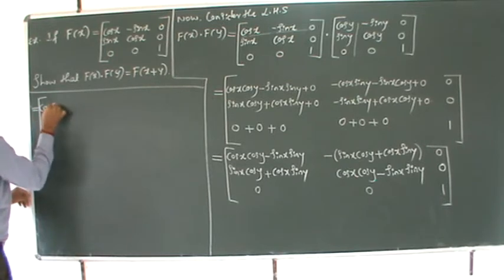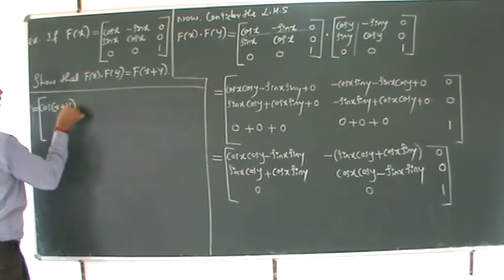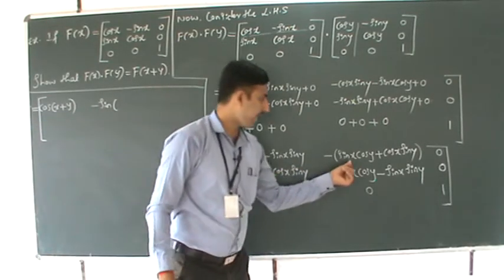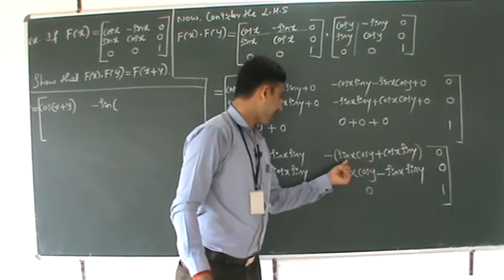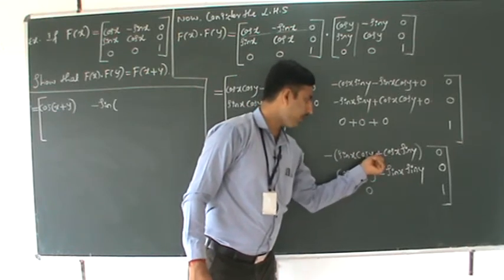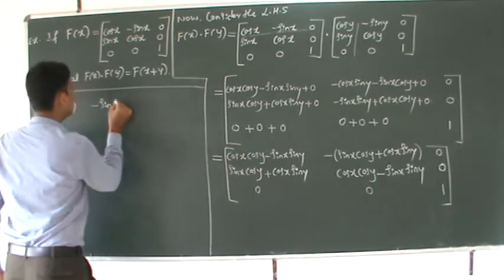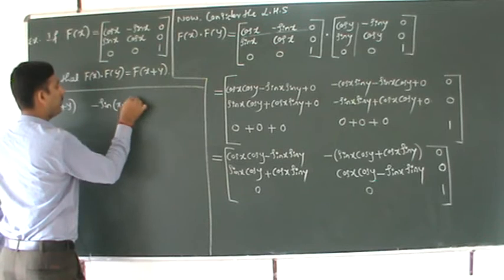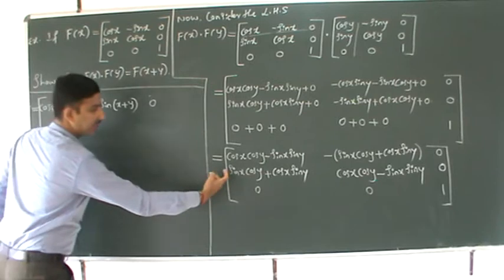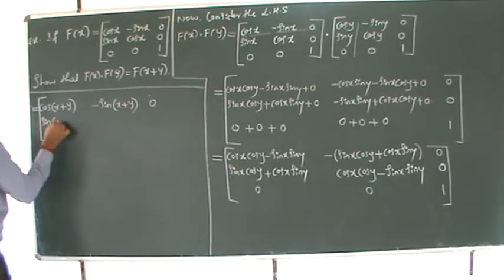Cos of x plus y, minus, we are taking minus common, sin of, this formula becomes sin A cos B plus cos A sin B, which is sin of A plus B. Correct? That is x plus y. Here there will be 0. After that, sin A cos B plus cos A sin B, sin of x plus y.